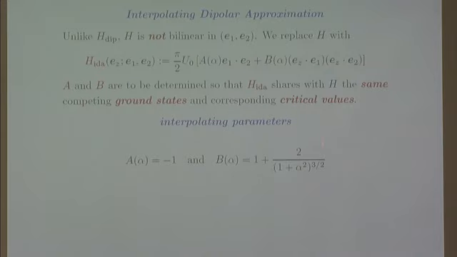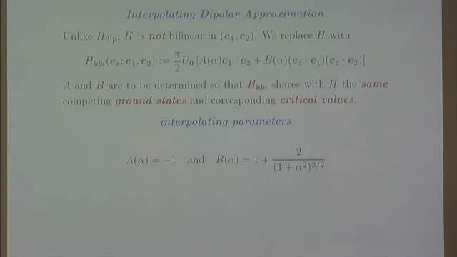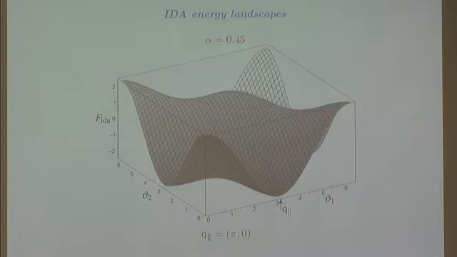So then if you make this postulation, there is only one answer to this question, and you can determine these interpolating coefficients A and B in terms of alpha. Actually, A turns out to be independent of alpha, and B is actually expressed in terms of alpha only.